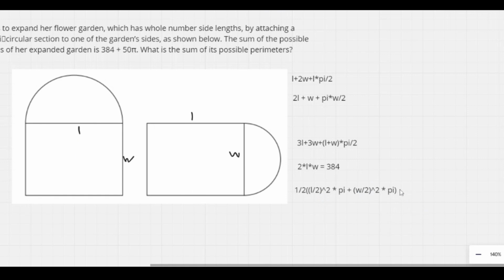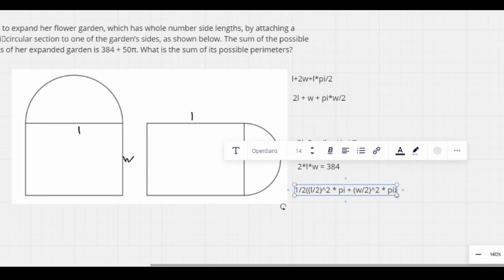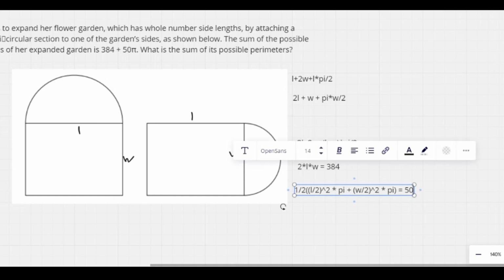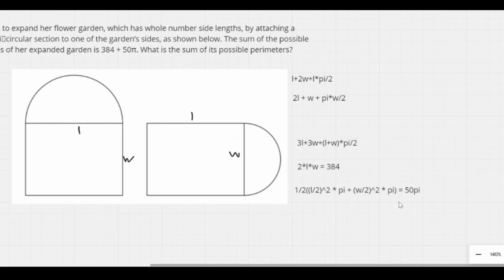And so that will equal 50 pi, because we could just divide pi on both sides. So now we could just divide both sides by pi and isolate L and W.